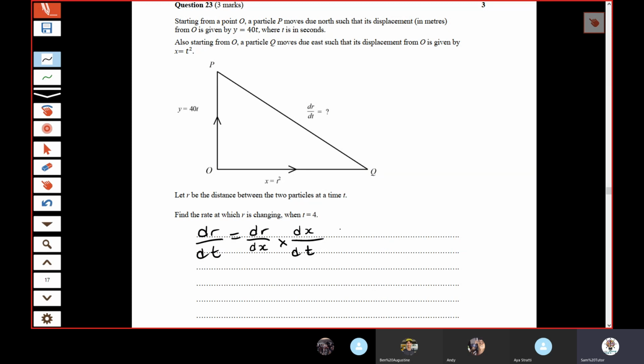And then I'm like, well, dx on dt, I know it can be written as 2t. The dr on dx I don't have. I don't have a relationship between r and x. But can I get a relationship between r and x?